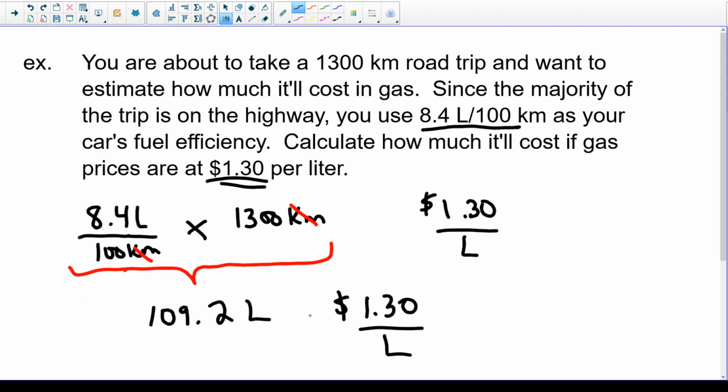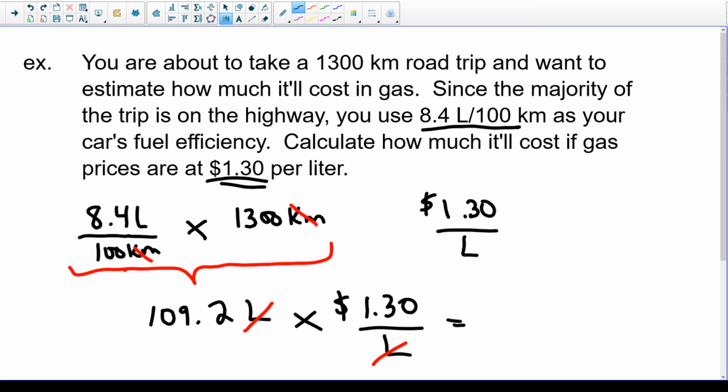So using the logic from above, if I multiply those two, the liters from the top cancel out with the liters from the bottom, and look at the only unit I'm left over with, which is dollars. So that's all we're going to do here, is multiply the 109.2 times the $1.30, and that's going to tell me how much money it cost to pay for gas.